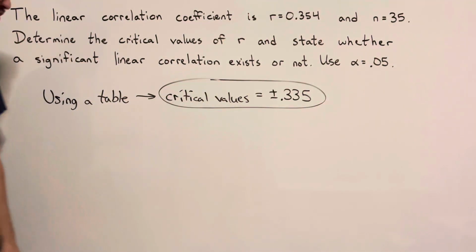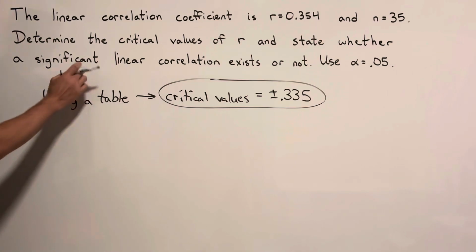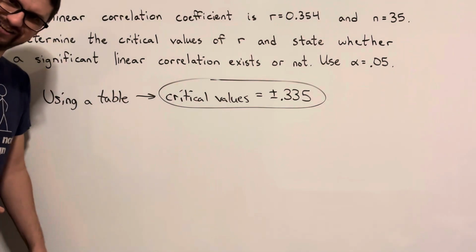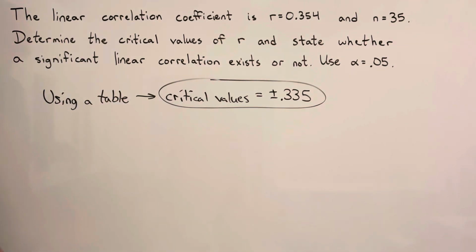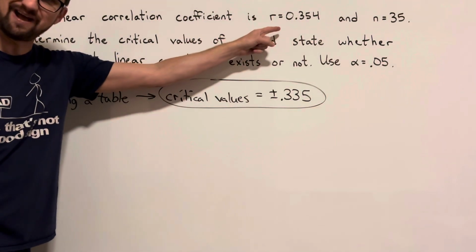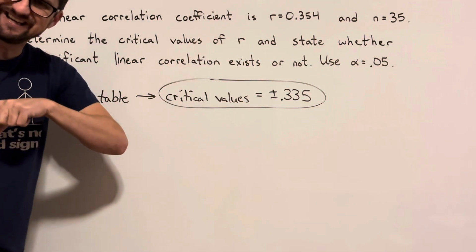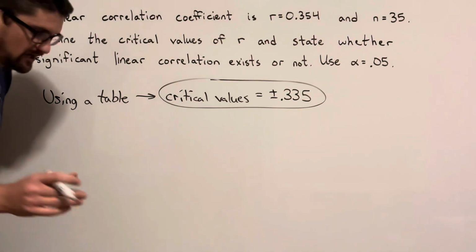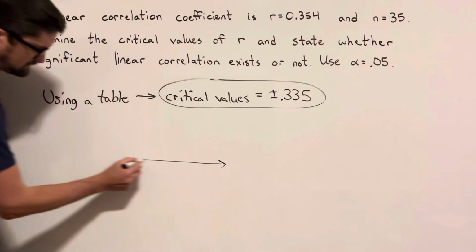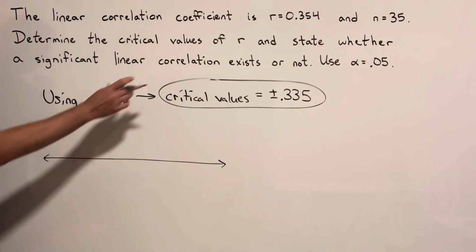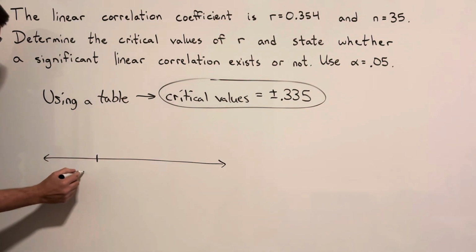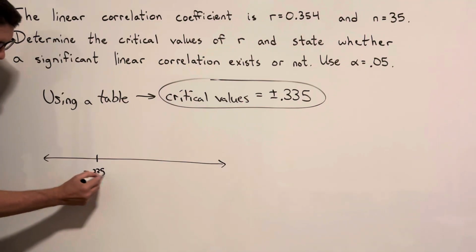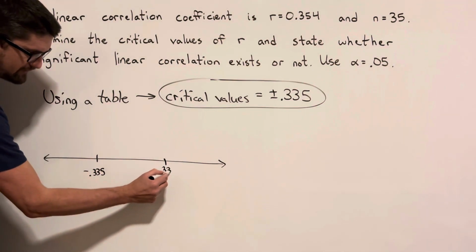The next thing it wants is to determine whether a significant linear correlation exists. And what we're going to do is take the R value and test it against the critical values. You can think of a number line. We have the critical values, negative 0.335 and 0.335.